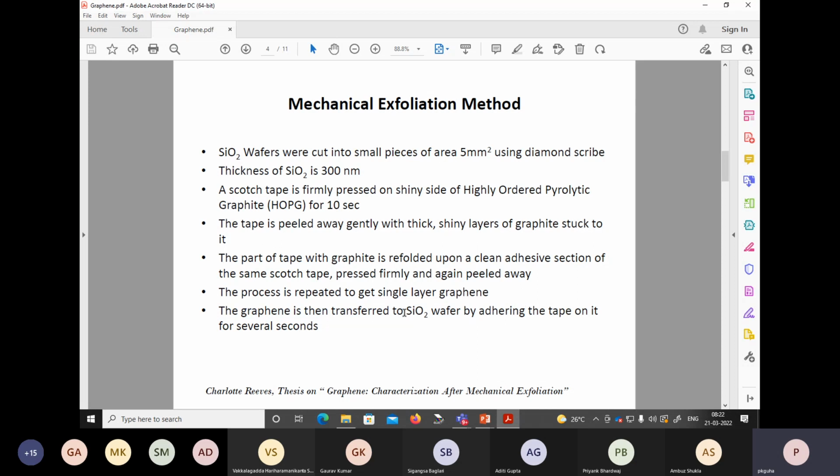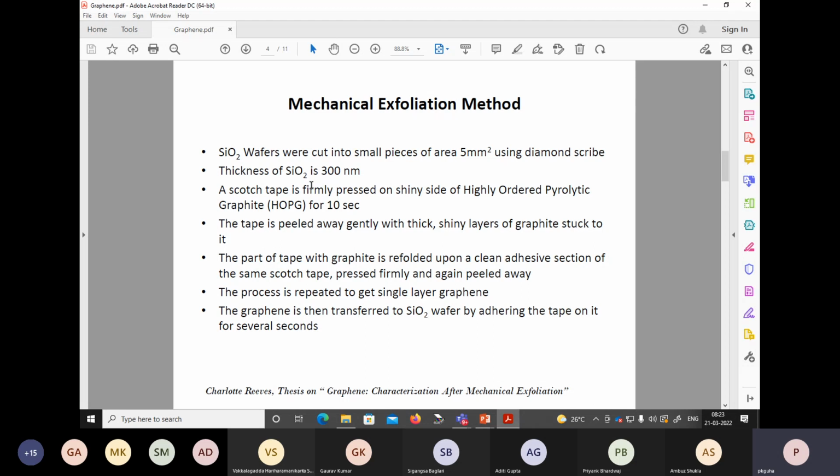This SiO2 is important because it is found that if SiO2 is around 300 nanometer thick, then the layers can be seen in the optical microscope. Usually layers are very thin, but with SiO2 around 300 nanometer, it is possible to see graphene, a purplish color, in the optical microscope itself.